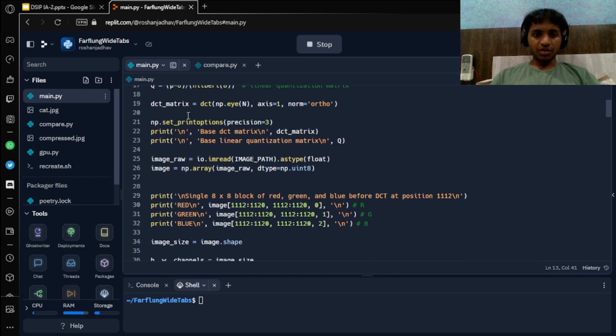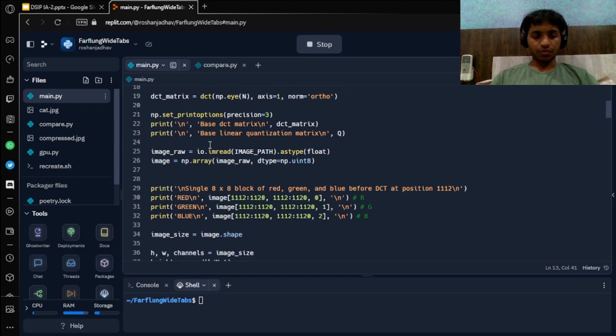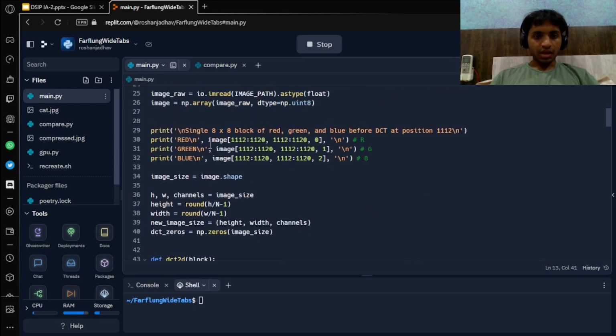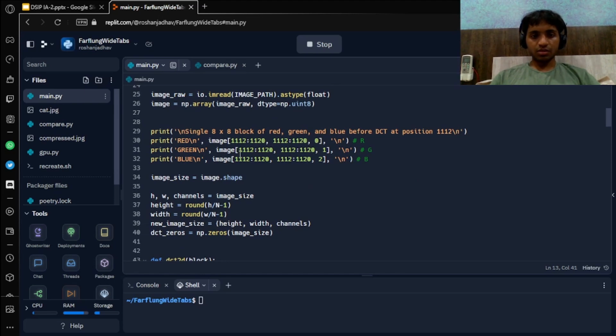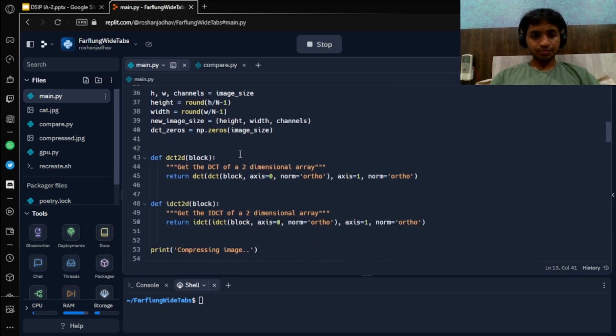Then we do the matrices for the DCT, and we apply the DCT code, and then we separate into 8 by 8 blocks for the three channels, that is red, green, and blue, because it is a colored image, it requires three channels.